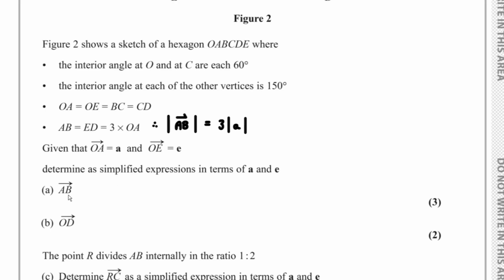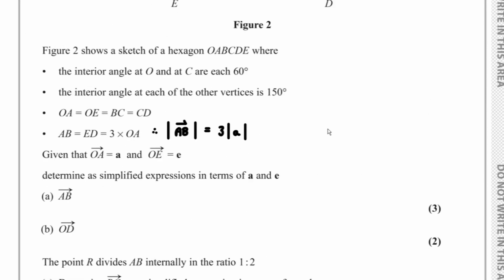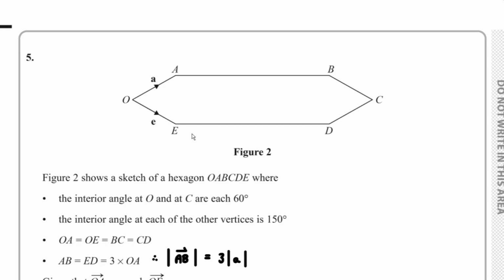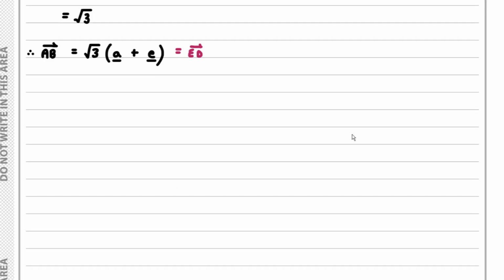Now for part B, we have to determine our simplified expressions in terms of A and E, the vector OD. So we want to go from O to D. And the way we can do that is we can go from O to E and then E to D. So OD is equal to OE plus ED.